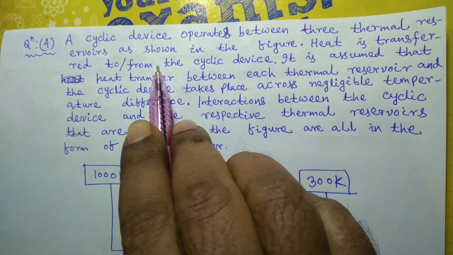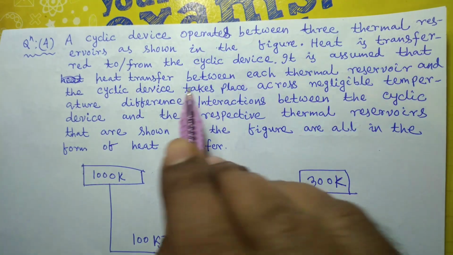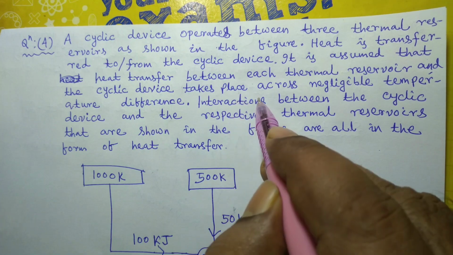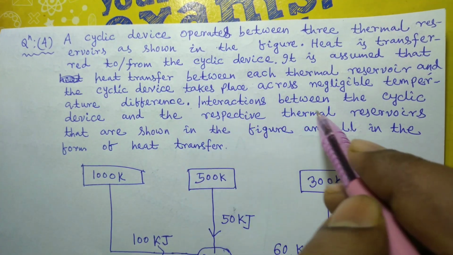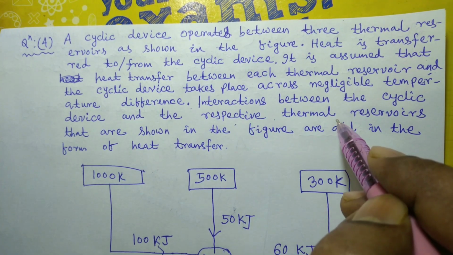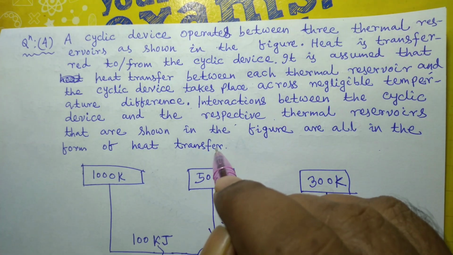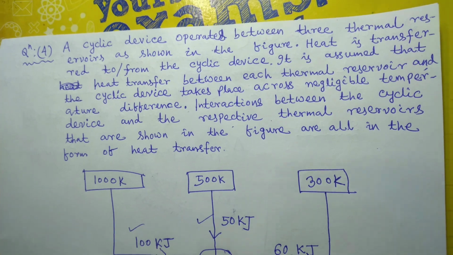Heat is transferred to or from the cyclic device. It is assumed that heat transfer between each thermal reservoir and the cyclic device takes place across negligible temperature difference. Interactions between the cyclic device and the respective thermal reservoirs shown in the figure are all in the form of heat transfer. So all these are heat transfers.